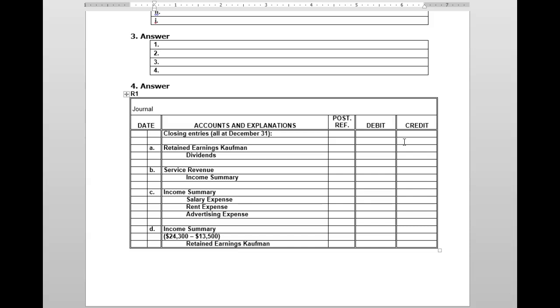What account on the income statement has the same normal balance as the retained earnings? Well, retained earnings are an equity, and their balance is credit, right? It's on the right-hand side of the equation, so that is the credit side.